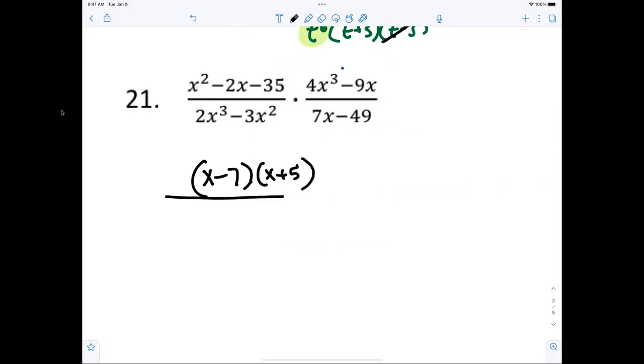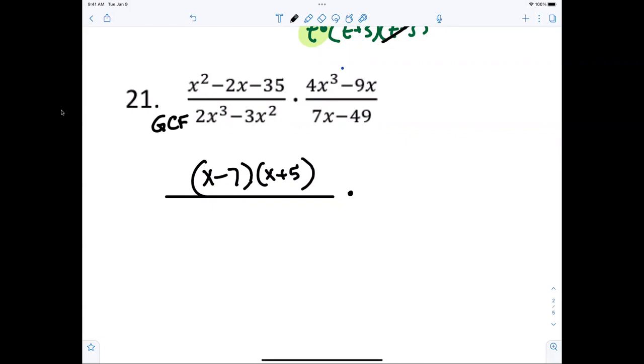All right, I need the denominator now. The denominator of the first fraction is what? Come on. X squared. There is a what? There is a GCF.